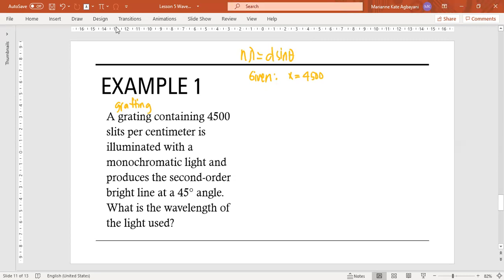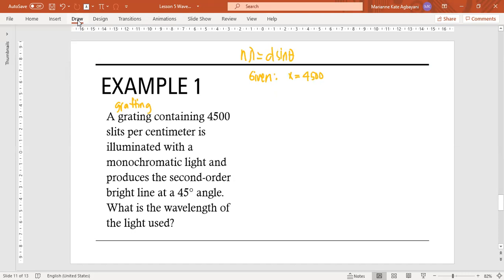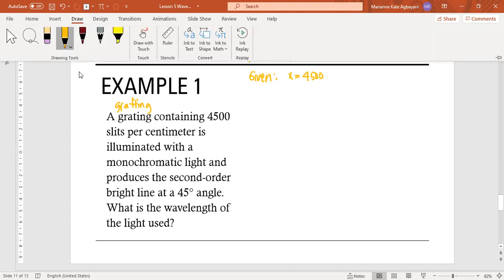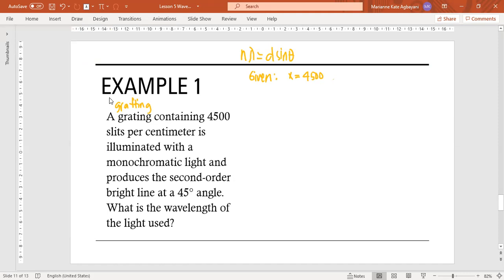With our given, x equals 4,500, we also have the second order, so n is equal to 2, and the angle is equal to 45 degrees.